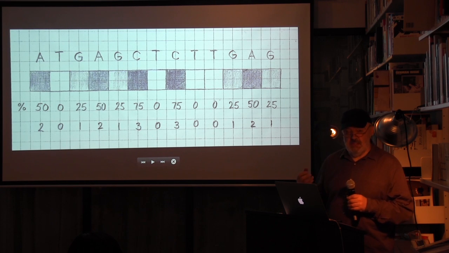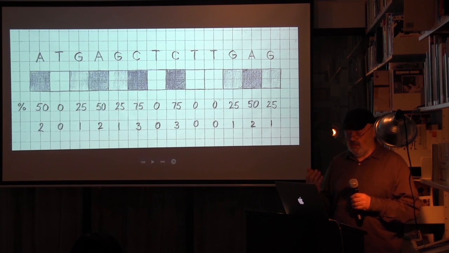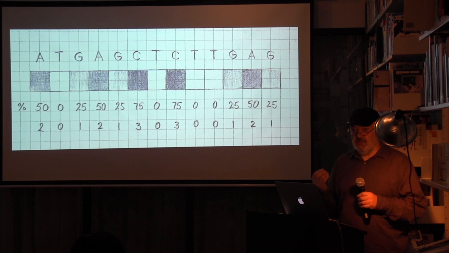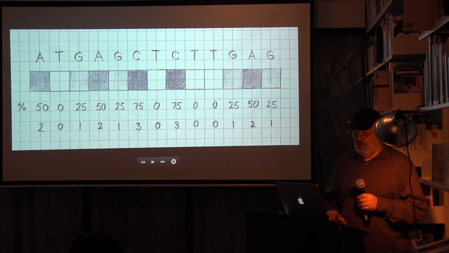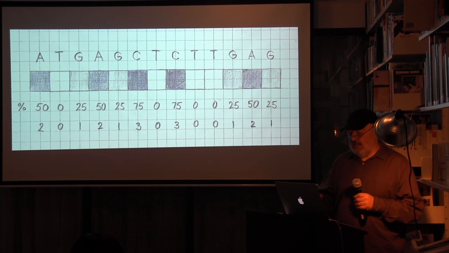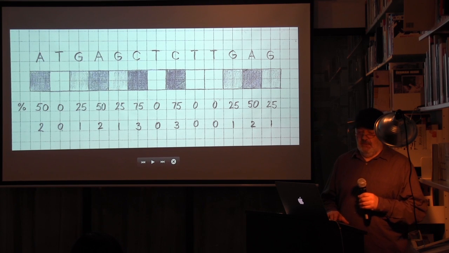Then, instead of the grayscale, you can use percentage values. So this is equivalent, whether we use a 0 or T, it doesn't matter for the structure. But the 0 tells you something that T doesn't tell you. Or we can use the simple numbers 0, 1, 2, and 3 to represent all 4 bases.